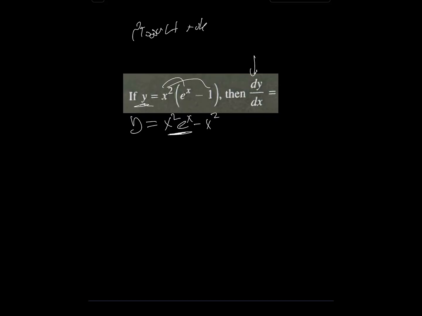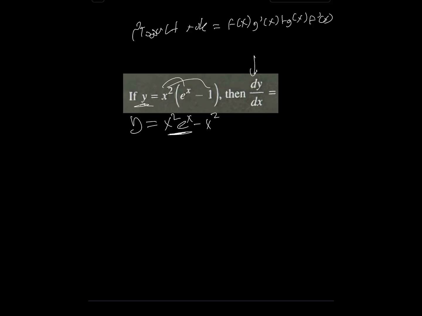The product rule is equal to f of x times g prime of x plus g of x times f prime of x. Alrighty. We can go ahead and classify which one is f of x and which is g of x.